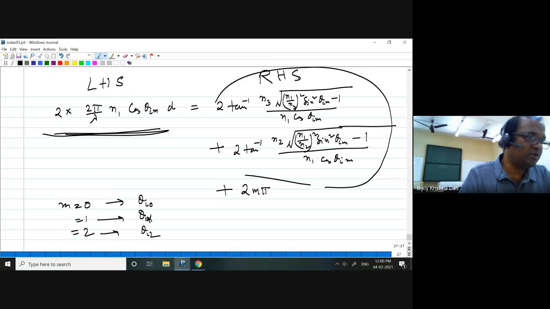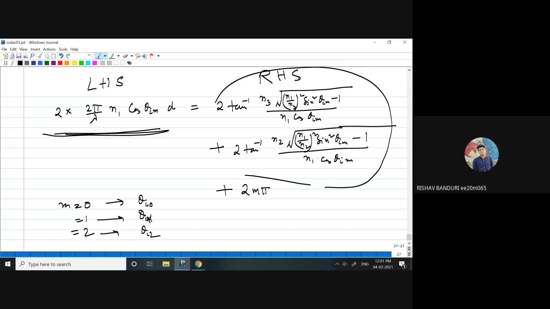Boundary condition, I said. For TM, you have a normal component of the electric field, but for TE, you don't have a normal component of the electric field. So the normal component has a different type of boundary condition. You have to consider the displacement vector.